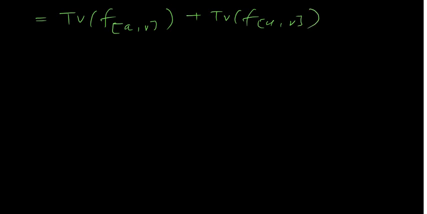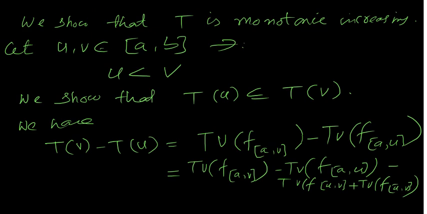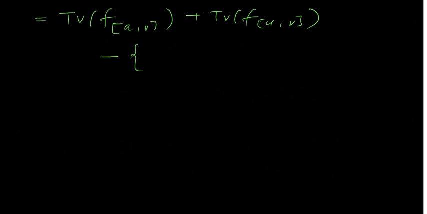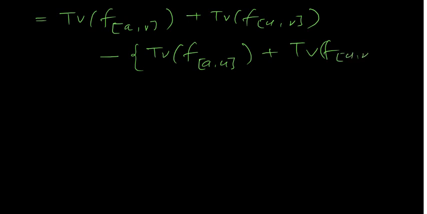Then I will write minus times these two, minus TV f over a to u and minus TV f over u to v. It's minus times TV f over a to u plus the total variation of f over u to v. You can see it.